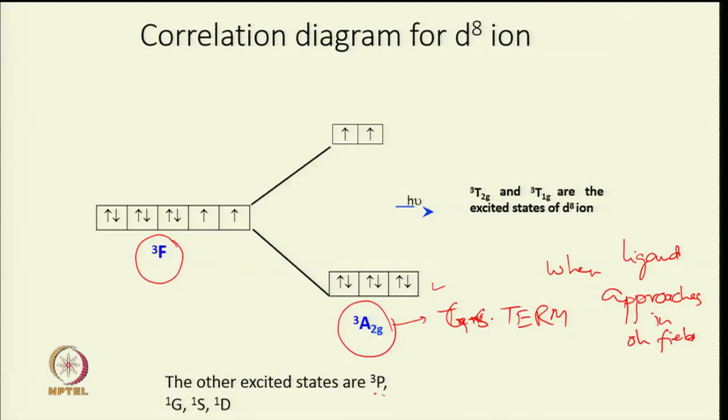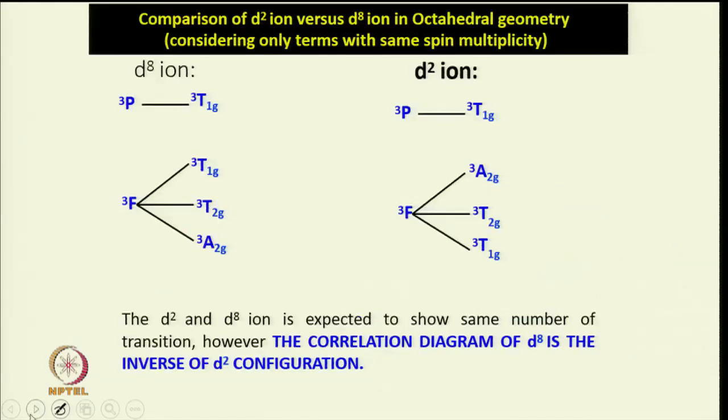The other excited states are 3P, 1G, 1S, 1D. We have discussed this. We have said that d2 and d8 configurations have a similar kind of terms, so the d8 ion is going to have the same terms as d2.